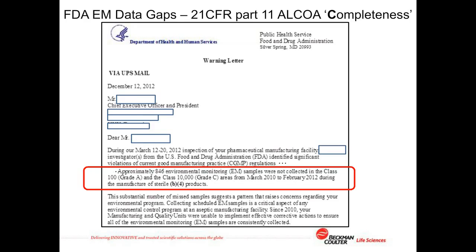The FDA inspected their site, went through their routine environmental monitoring data, and discovered that in their grade A or class 100 areas and the surrounding areas, there were in fact 846 pieces of environmental monitoring data missing from the records over a 2-year period. So somehow that data's got lost. Maybe it was never recorded, maybe it wasn't transcribed into the electronic format. For whatever reason, there are gaps in the data, and of course the FDA wrote a warning letter for that site to highlight this issue needs to be remedied.